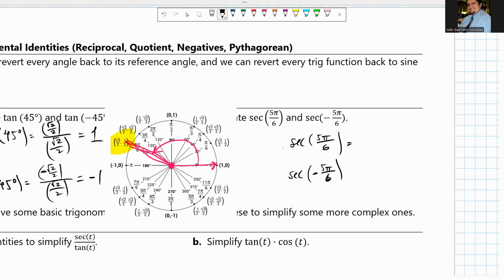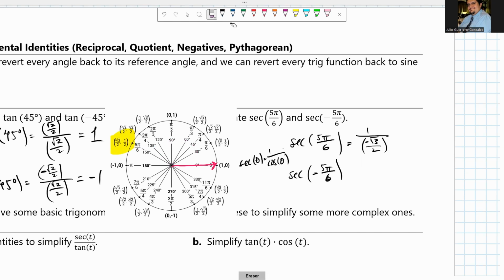Secant of theta is equal to 1 over cosine of theta, which is supposed to be the x portion. So my x portion here is negative square root of 3 over 2, so I need to do 1 over negative square root of 3 over 2.